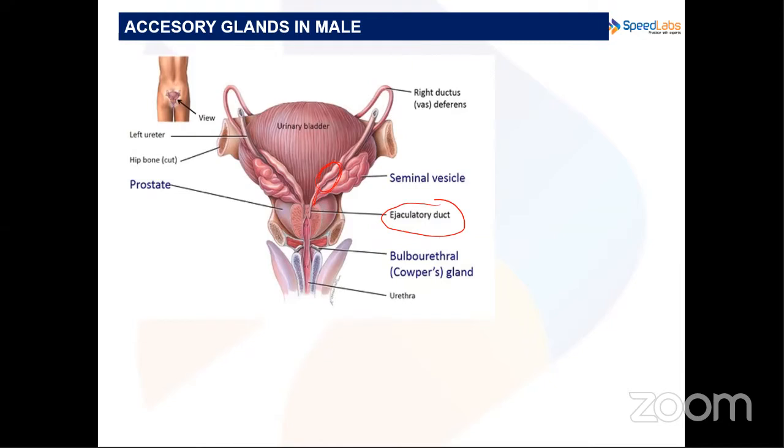If they are not ejaculated to the female, they die, and there is this process of phagocytosis taking place in the epididymis, and some amount in the vas deferens, but primarily in the epididymis.